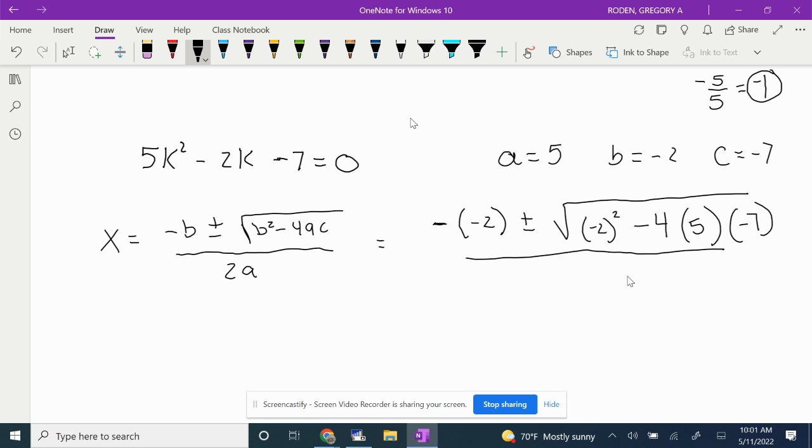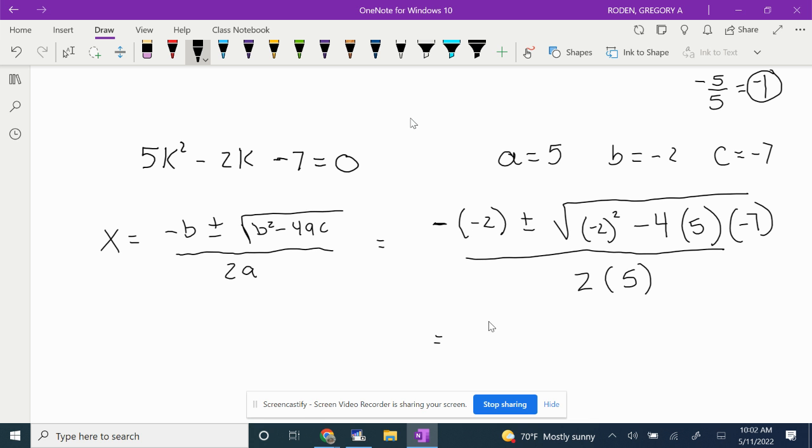So this is 2 times 5. Now, you've just got to be really careful with your negatives. Everyone loves the quadratic formula, but I would say it's like a minefield of really particular work. It's great, but it's very detail oriented, so you've got to be really careful.